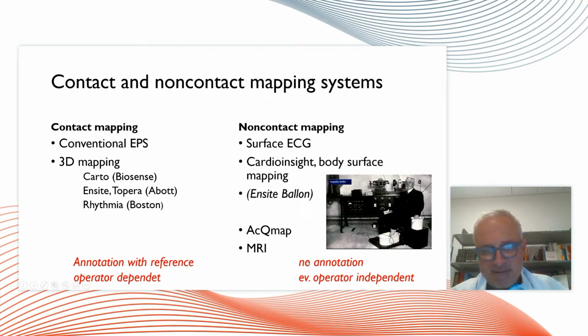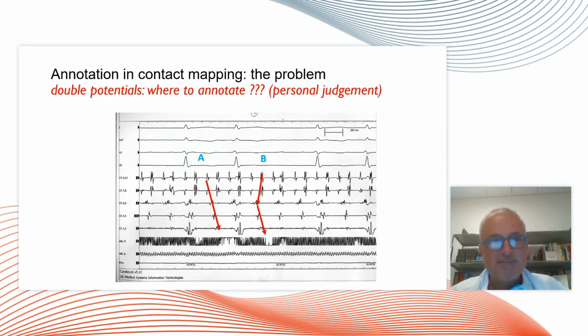This is a basic difference, and that you have to keep in mind, because annotation with a reference is subject to error and thereby operator dependent or algorithm dependent. Non-contact mapping without annotation is less operator dependent. That is a big, big difference, and we're going into detail on this.